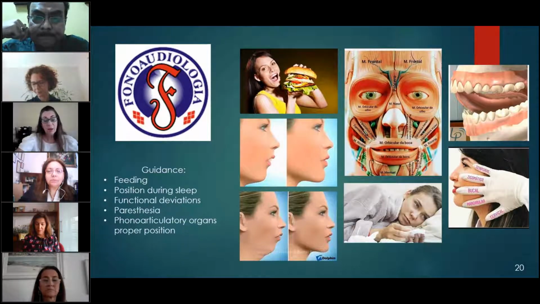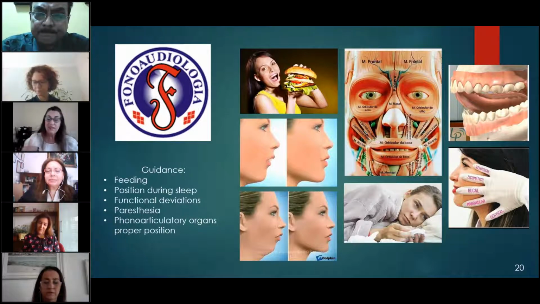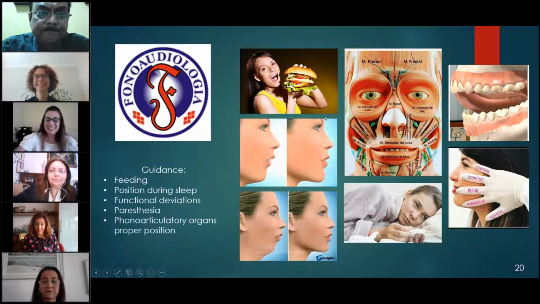Most guidance was already given before surgery, but not all patients are addressed at this appointment. To sleep reclining at 90 degrees, because of the increase of edema. Recipes and types of feeding are not indicated that way. Muscles that are going to be stimulated.